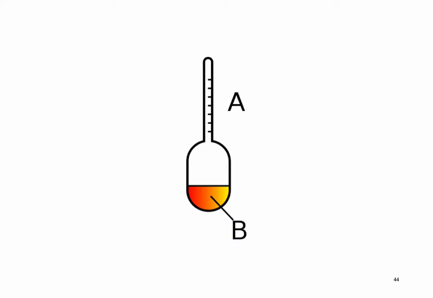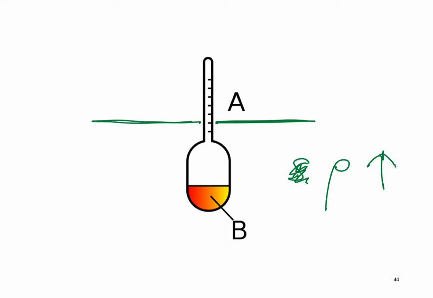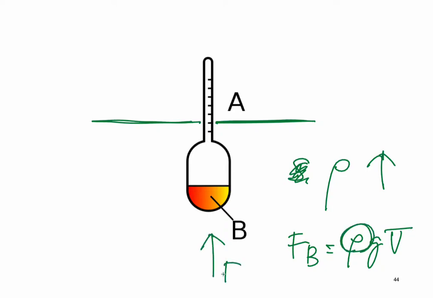So this is the diagram of the hydrometer as explained previously. If we put it into a liquid like this one with a higher density, FB is equal to rho g V. The higher density will give a larger force of buoyancy.